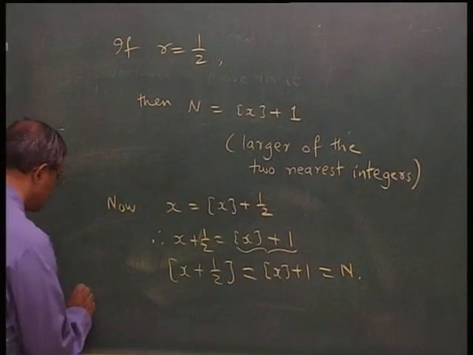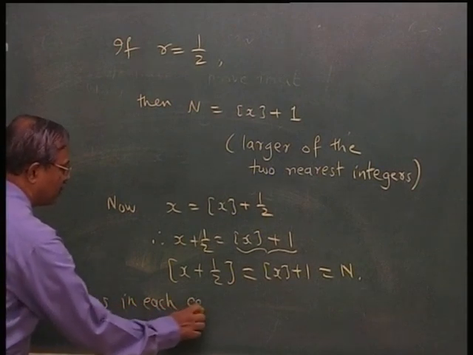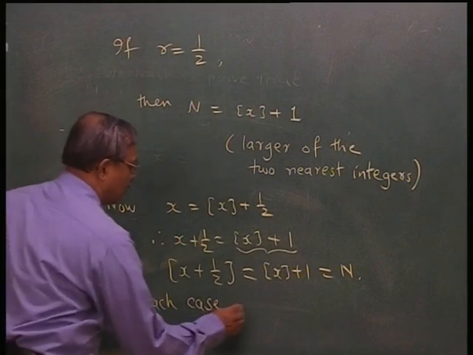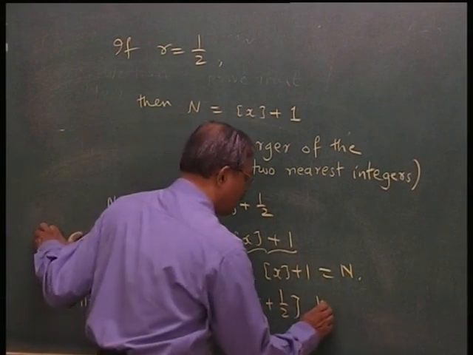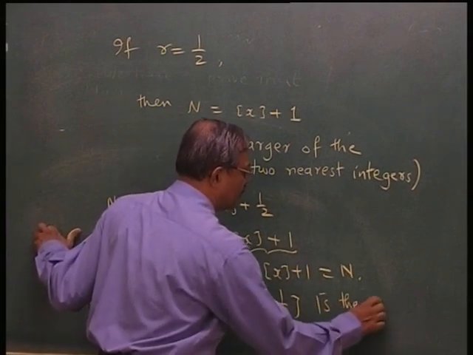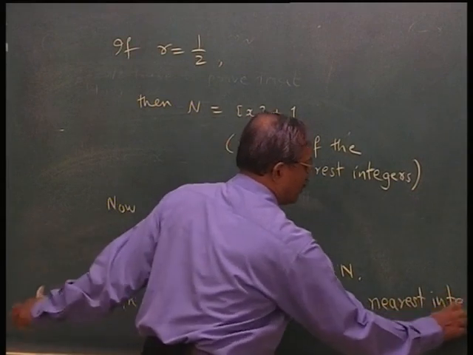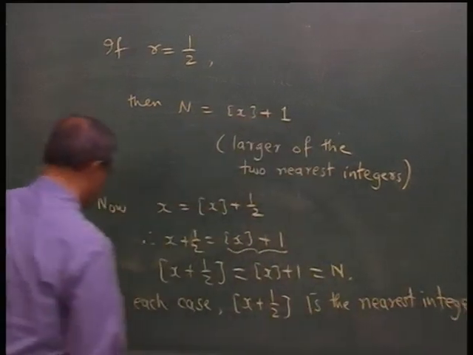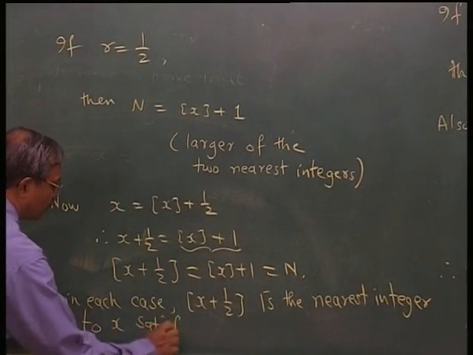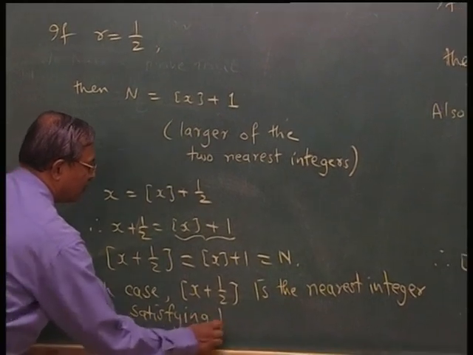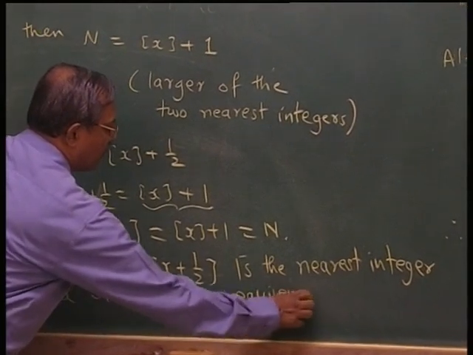So in all the three cases, we get that the integral part of x plus half is the nearest integer to x satisfying the requirement.